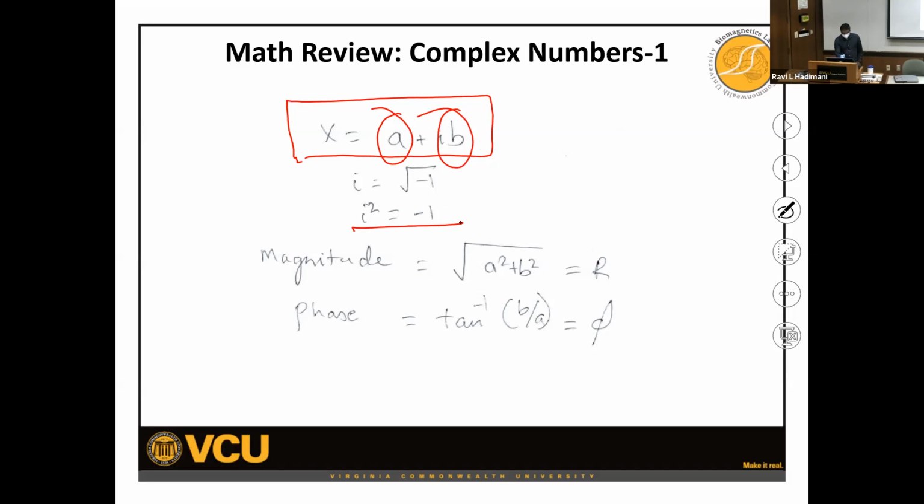And the magnitude of the complex number is the square root of the real component squared plus the imaginary component squared. That's your magnitude. And the phase of a complex number is tan inverse of b by a, that is the imaginary part by the real part, okay? It is represented by phi.